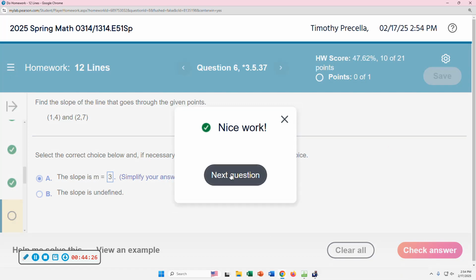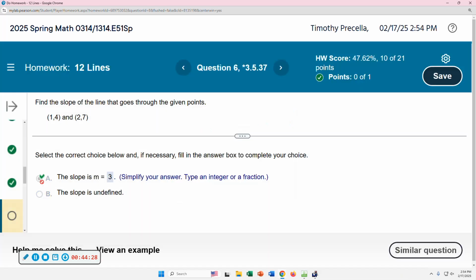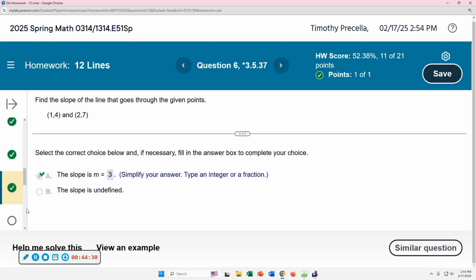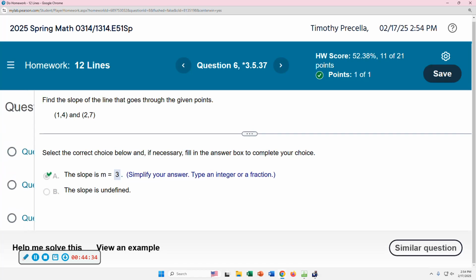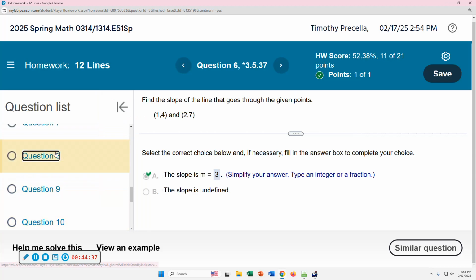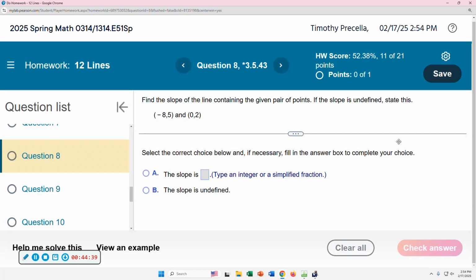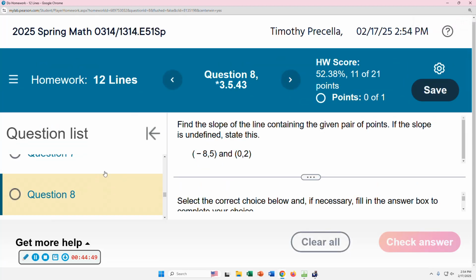Let's do number 8. I looked earlier and it looks like number 8 has at least one negative coordinate.